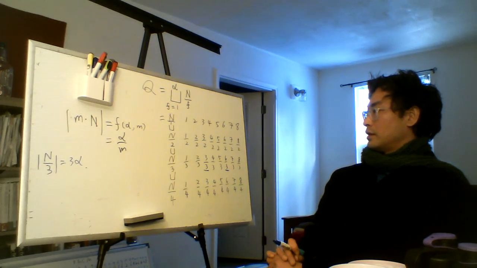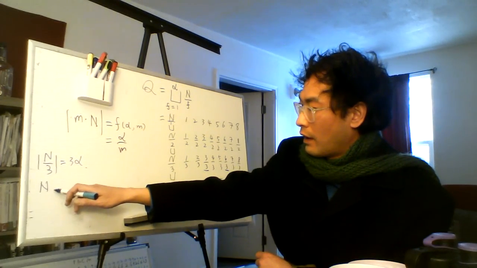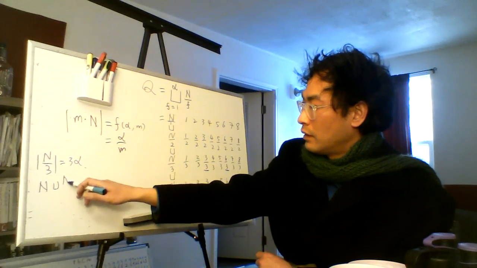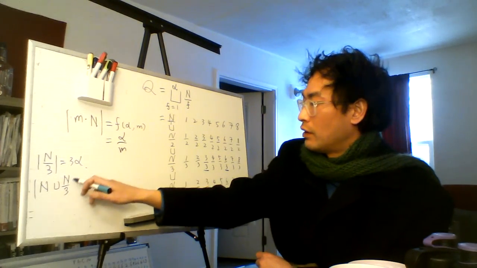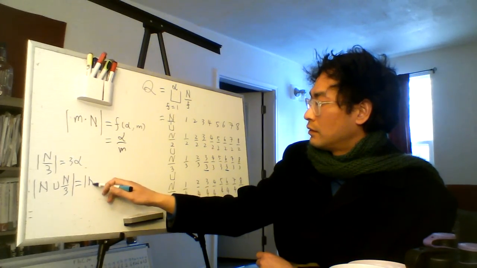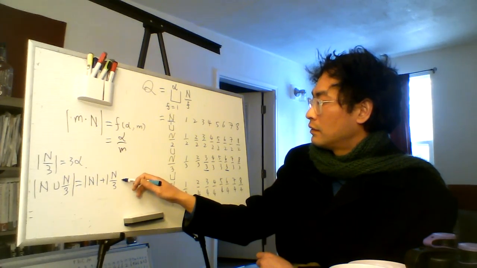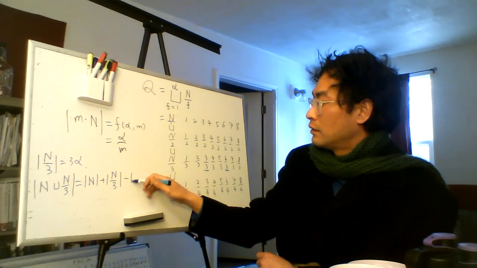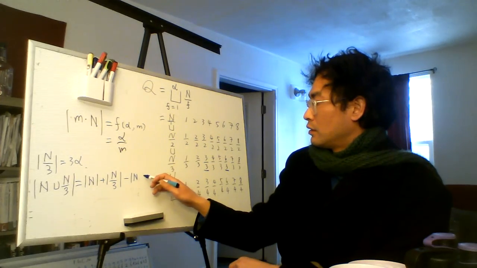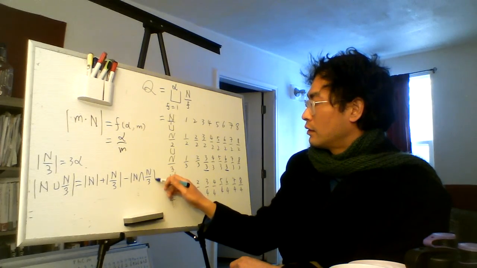What we are saying is this: n union n over 3, absolute value thereof, is just classical set theory, right?